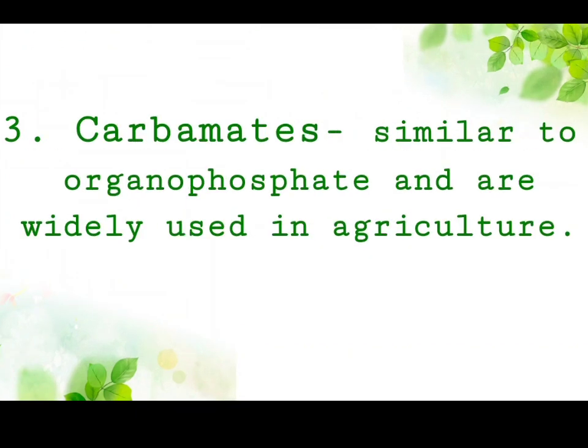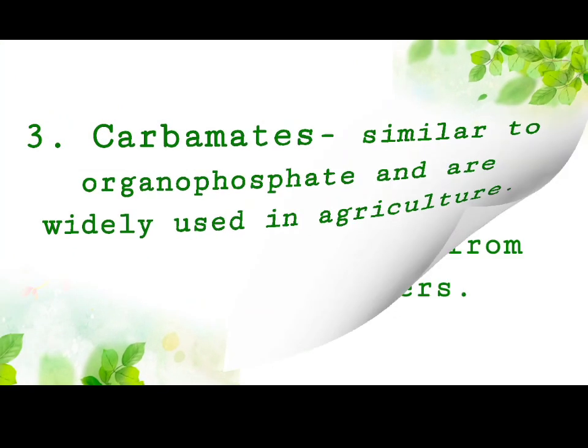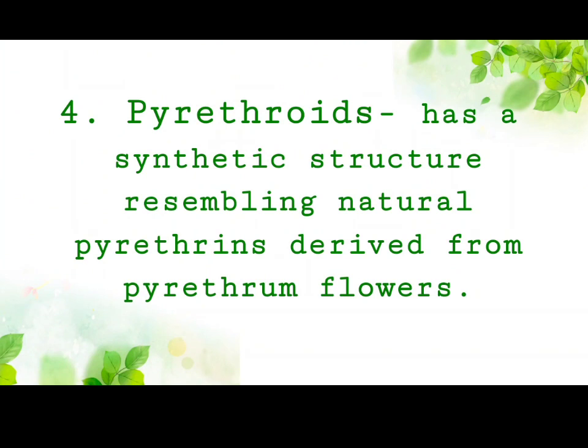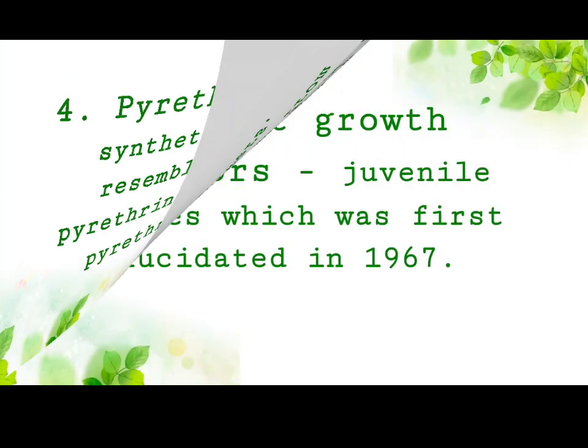Carbamate is similar to organophosphate and is widely in use in agriculture, forestry, health, veterinary practice, and in the homes. Pyrethroids have a synthetic structure resembling natural pyrethrins derived from pyrethrum flowers, which are relatively safe to the spray operators.